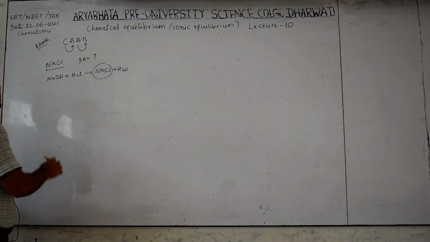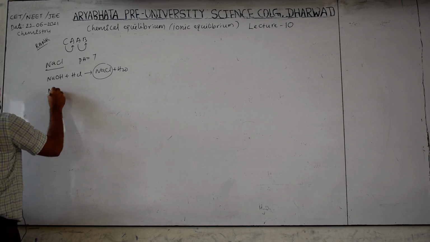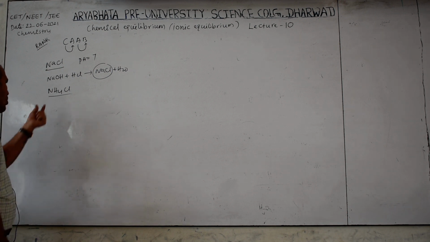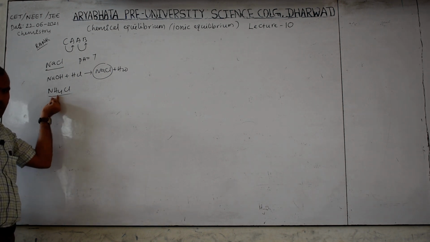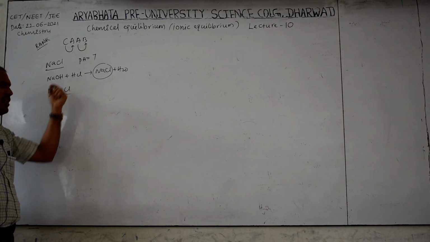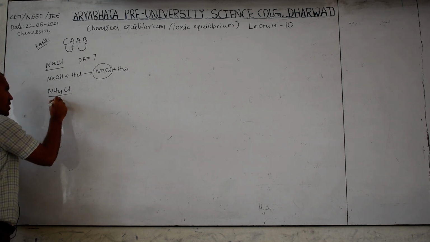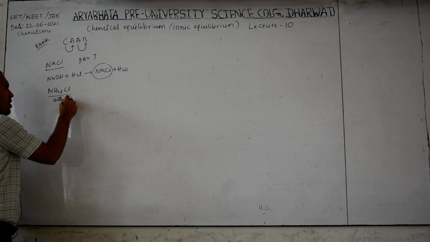Now NH4Cl. The ammonium ion comes from ammonium hydroxide and the Cl ion comes from HCl. Therefore this is a salt of a weak base and strong acid.